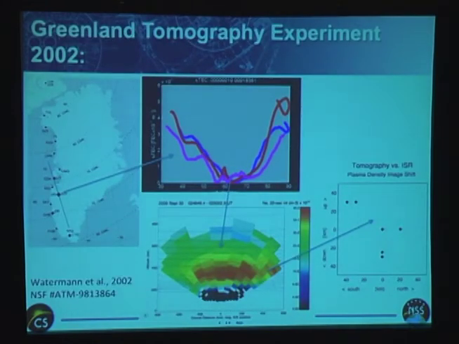This is one we did in Greenland in 2002 under an NSF grant, which was really, really a great experiment we did with the Danish Meteorological Institute and Jürgen Waterman. And we had 4 receivers starting down at Narsarsuaq and going all the way up past Sonderstrom, and 1 at Sonderstrom, so 4 tomography receivers.